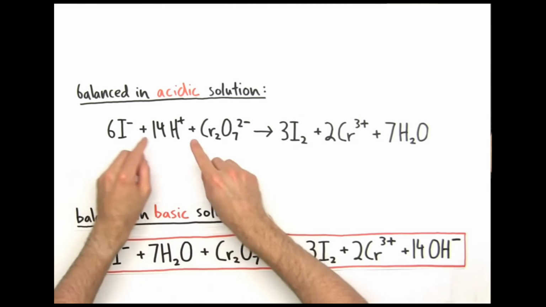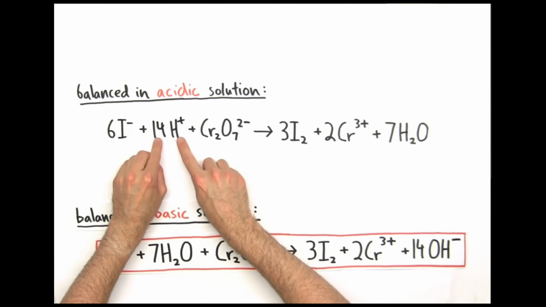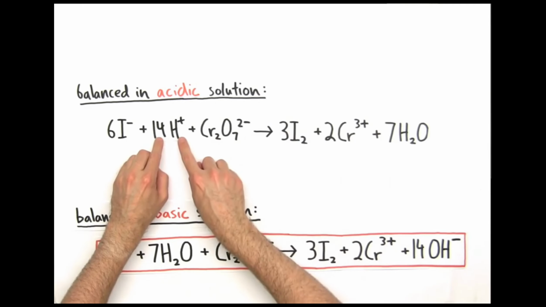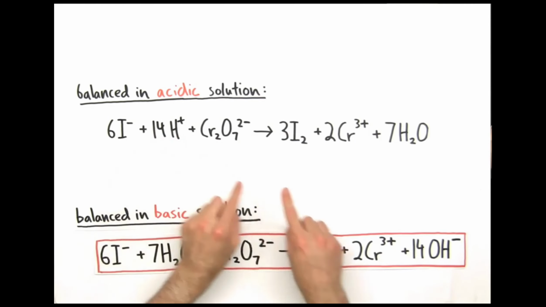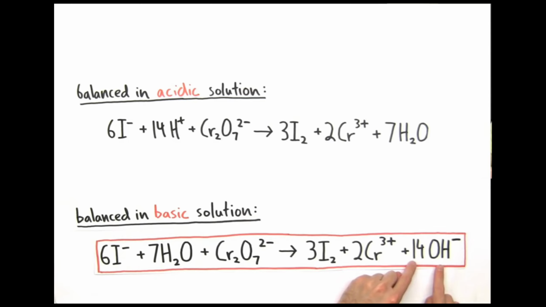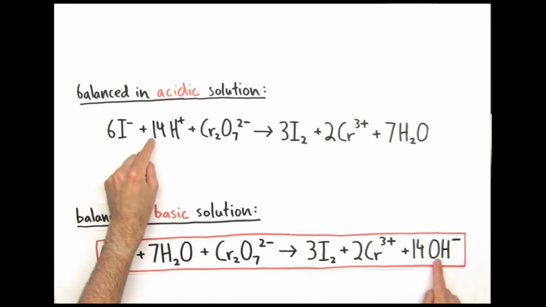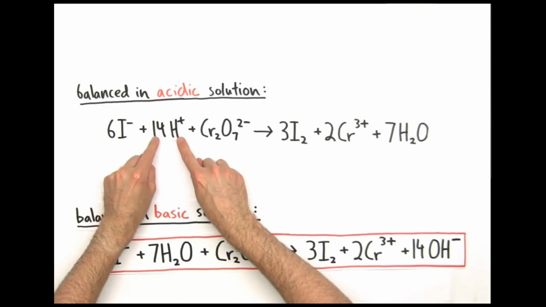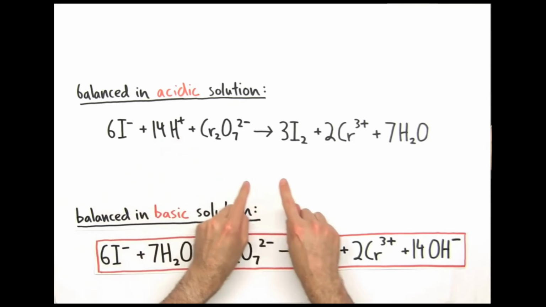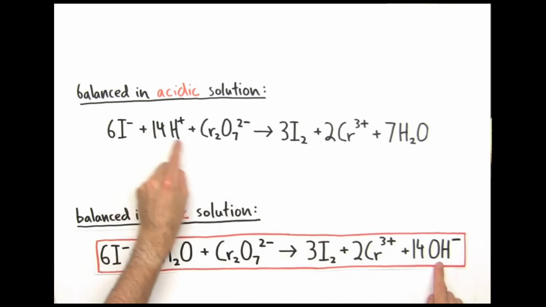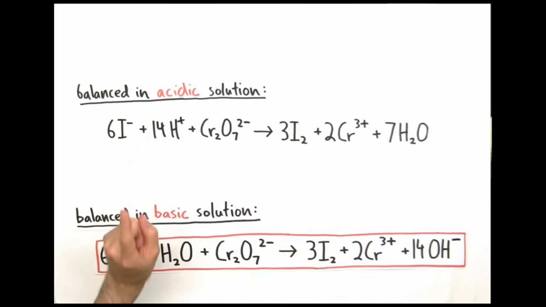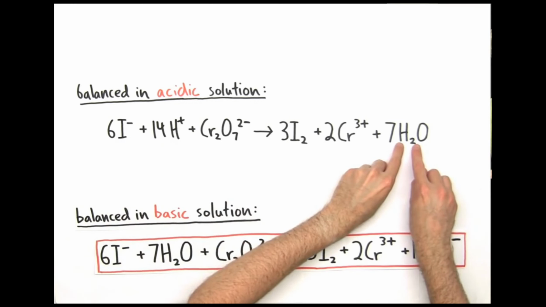Here's what's different. We have 14 H+ up here, making this solution acidic. But then down here on the other side of the equation, we have 14 OH-. So it's like the H+ were replaced by OH- and they were put on the other side of the equation. Something that's different too is these 7 H2Os.